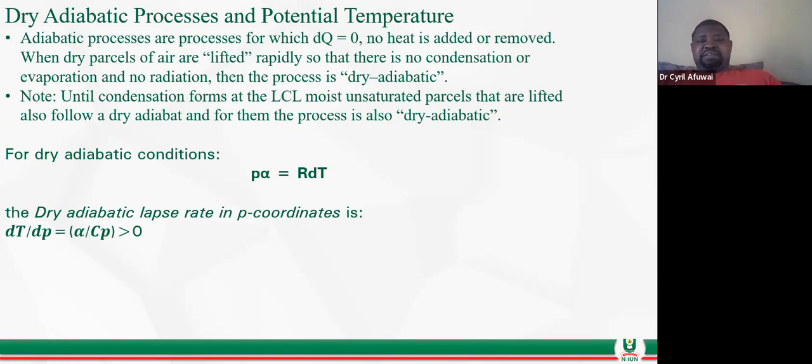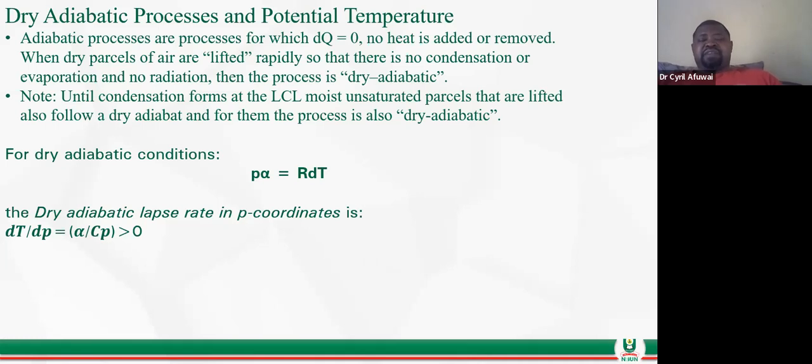Please take note of that. Note that until condensation forms at the LCL, moist unsaturated parcels that are lifted also follow a dry adiabatic, and for them the process is also dry adiabatic.